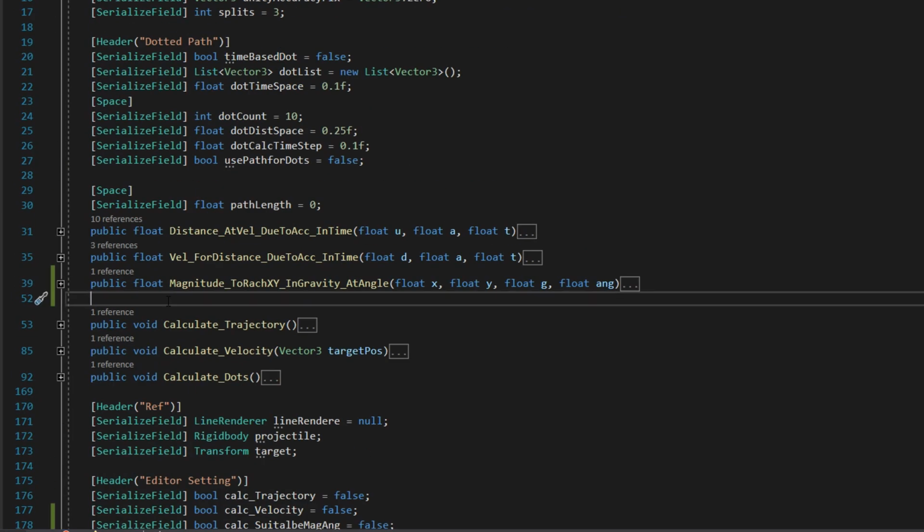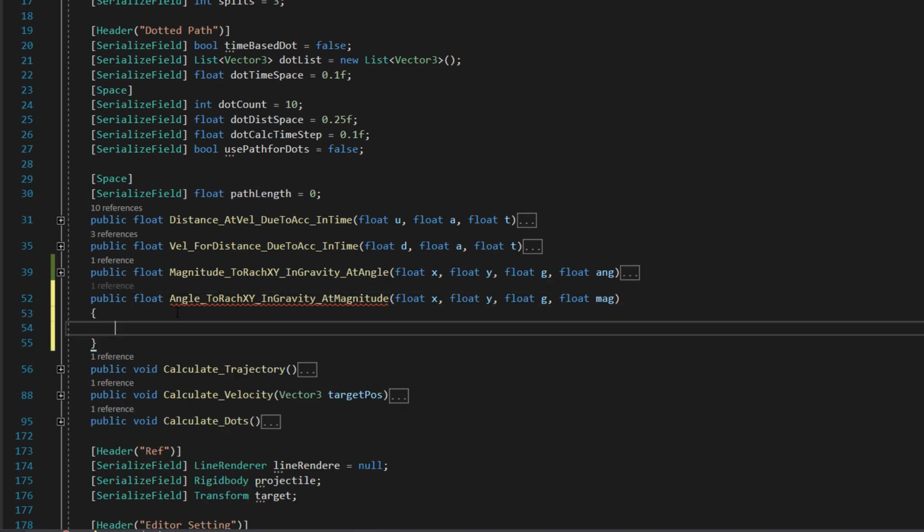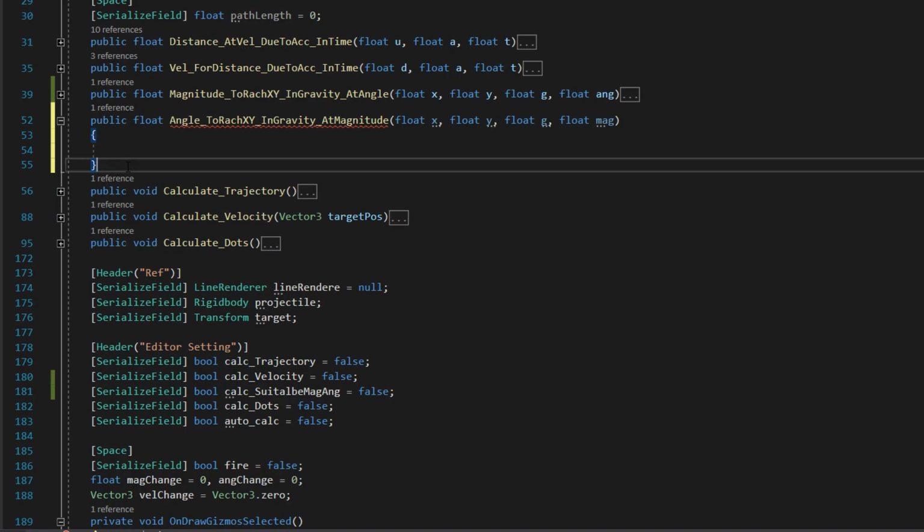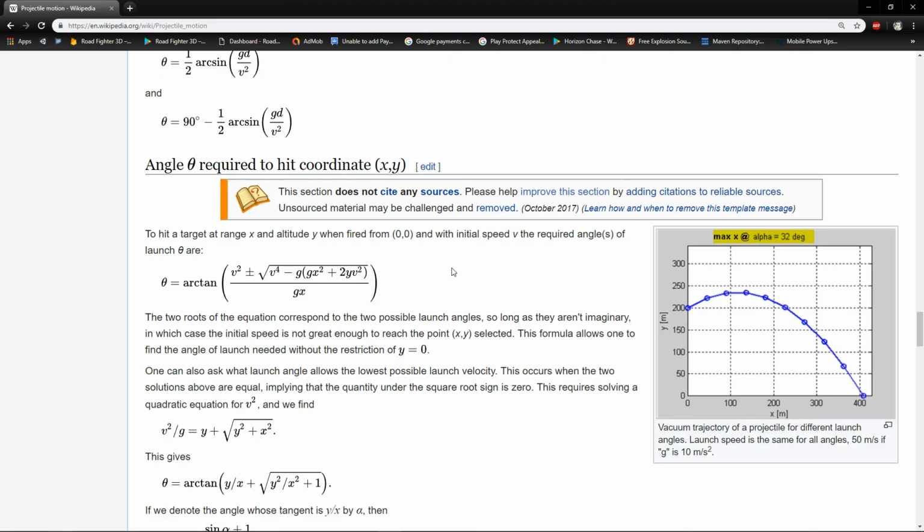And let's now implement this function. So here we are, a public float, the function name, and the function will take x, y, gravity, and magnitude. Okay, and let's look at the equation.